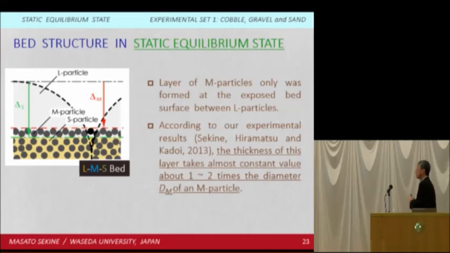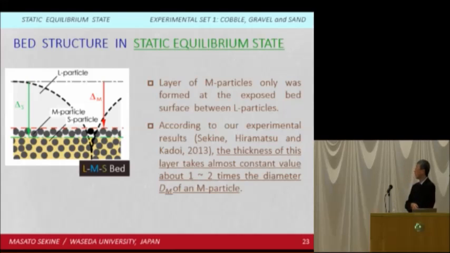And now let's talk about the three-size case, the LMS bed. First, I would like to explain the static equilibrium state. In this state, a layer of M particles only, this portion, was formed at the exposed bed surface between L particles.